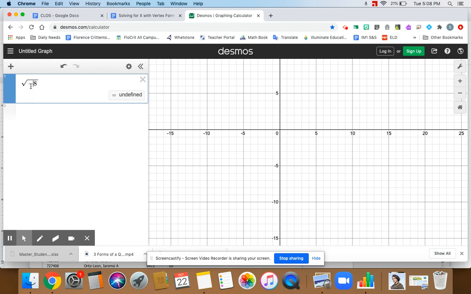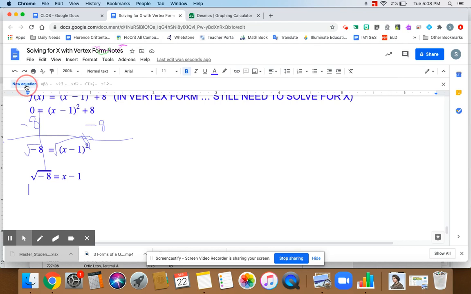So remember, just do positive 8, which is 2.82. Square root of positive 8 is 2.82 and negative 2.82. However, because this is a negative 8, the answer has to have an i at the end, because only the imaginary number times itself becomes negative.